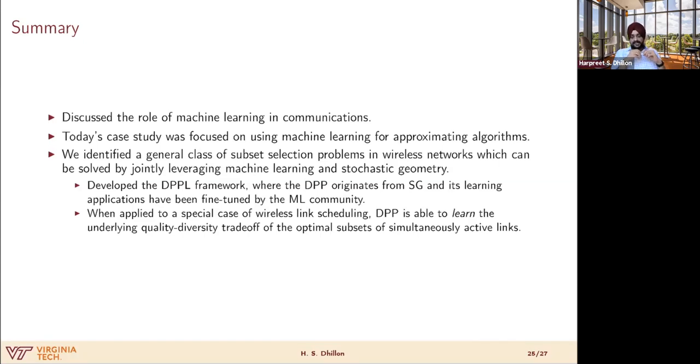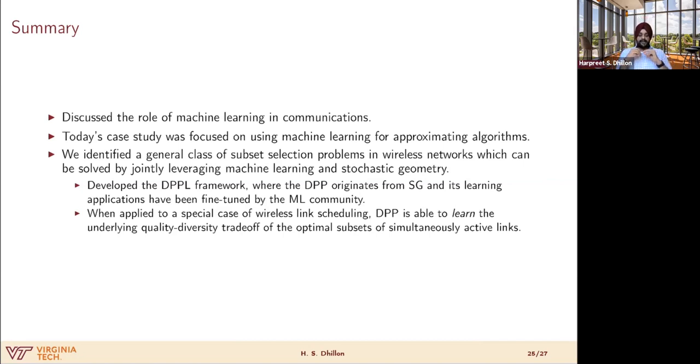Today's case study was focused on using machine learning for approximating algorithms. I showed one case where even a heuristic won't give you a solution, but if you train a machine learning model, using some ideas from stochastic geometry in conjunction, you can at least get reasonable results.